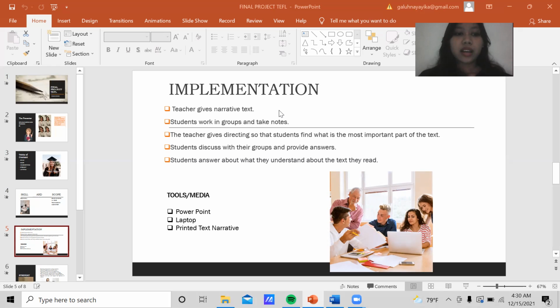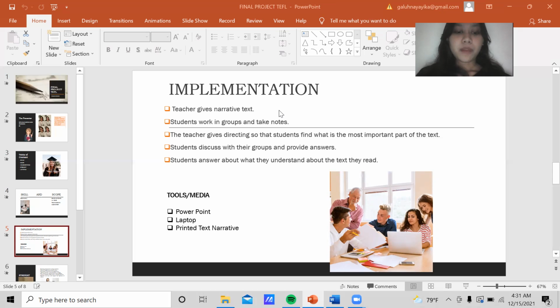So to support this teaching activity, of course, we will need some tools and media that can help launch this activity. There are PowerPoint to share the material, and the PowerPoint is to help the teacher explain about what they are going to do today.